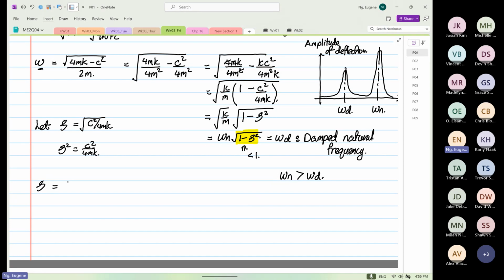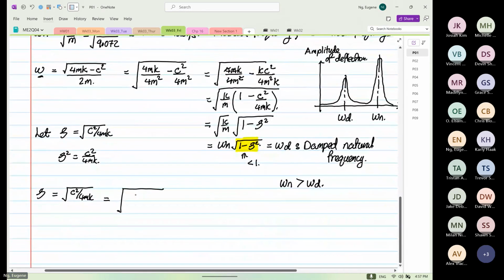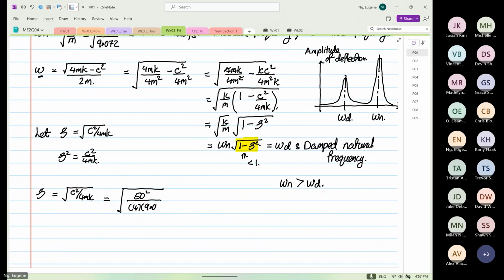So zeta is equal to square root of c squared over 4mk. So c squared, our c is 50, so 50 squared, divided by 4, mass, and 1250.